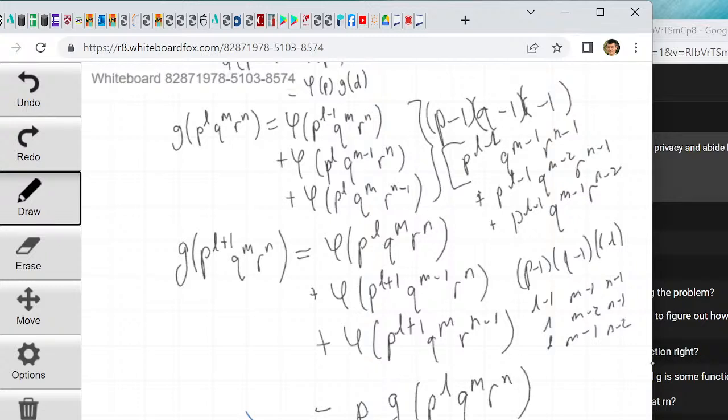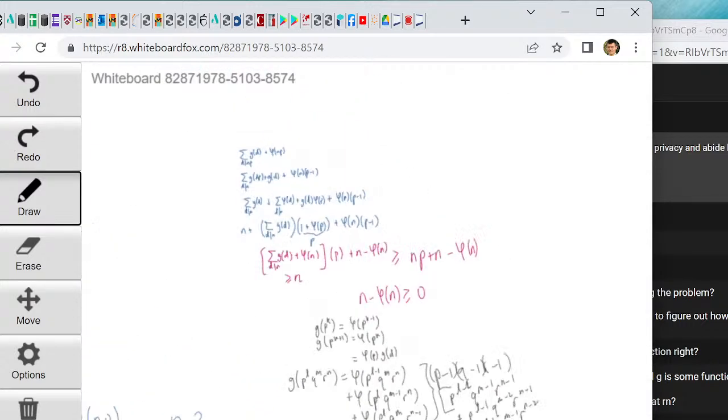Yep. So if it's already there, you times it by p. If it's not there, you add it, something.